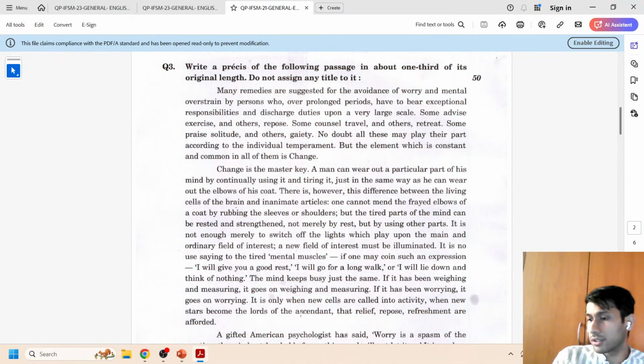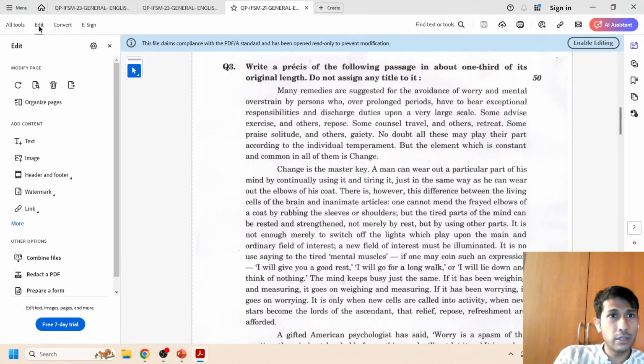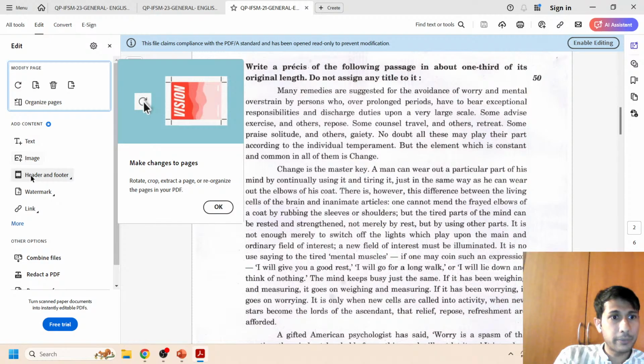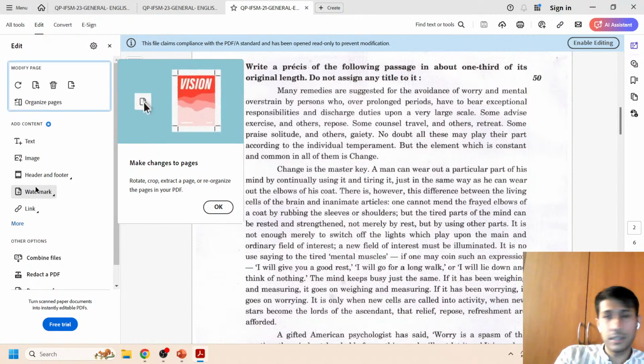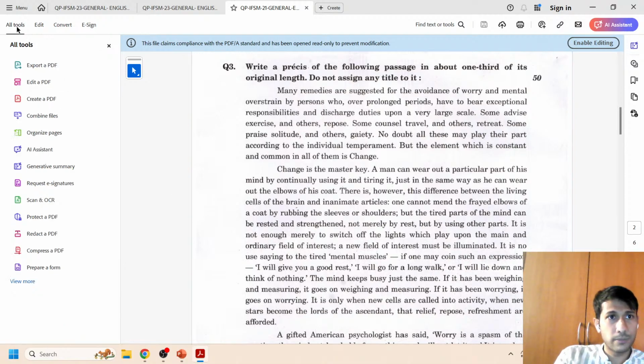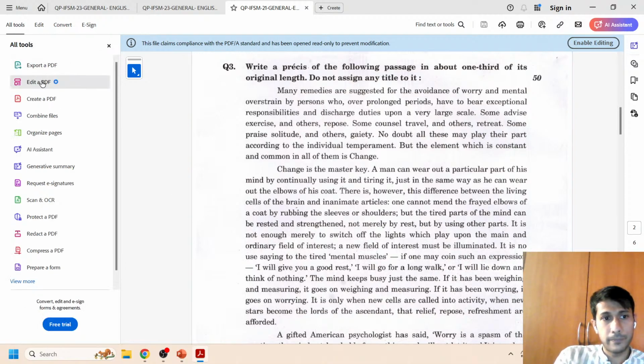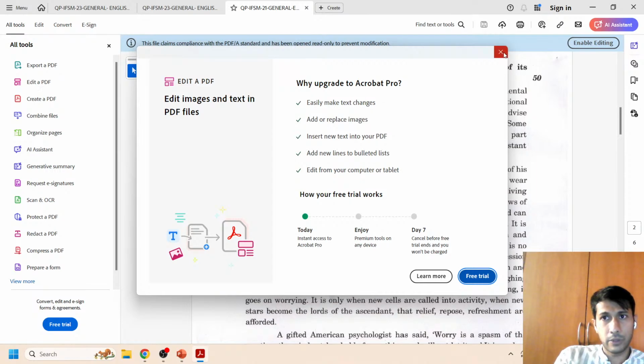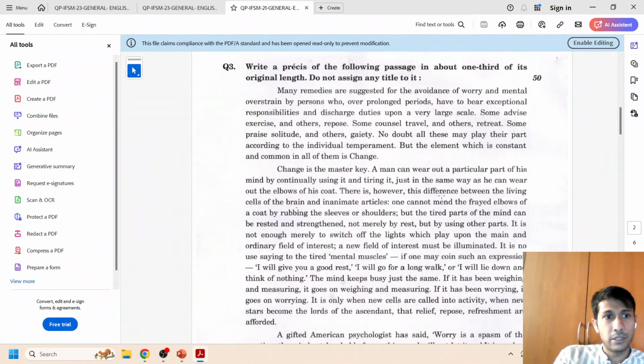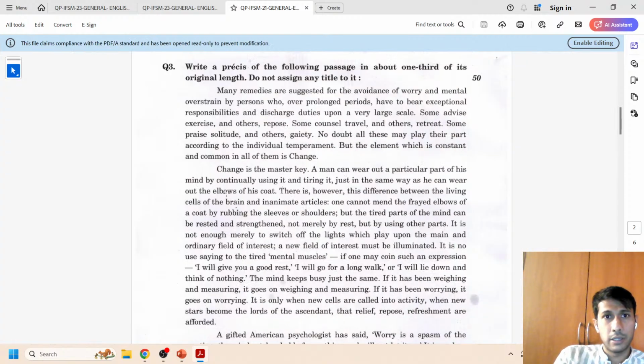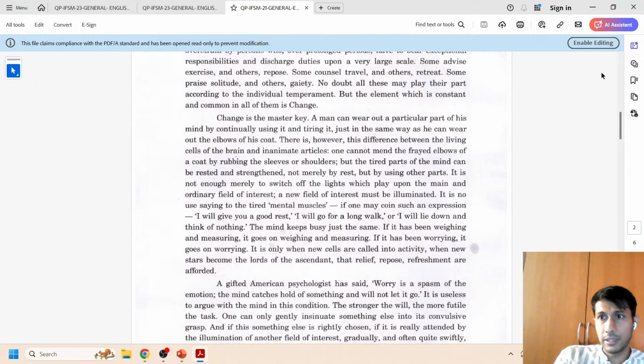If it's not visible here, you can download the 2021 Forest Service General English paper. You can download the Precis, or if it's visible here, I can further zoom it.